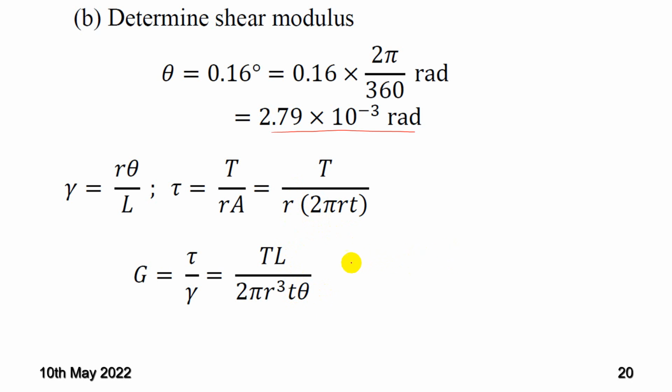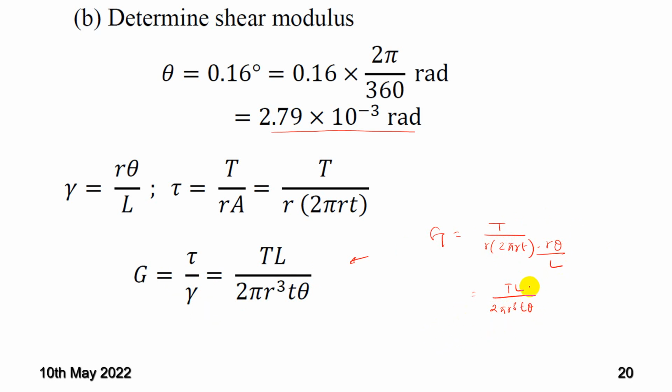So G is equal to TL over 2 pi R cubed T theta.